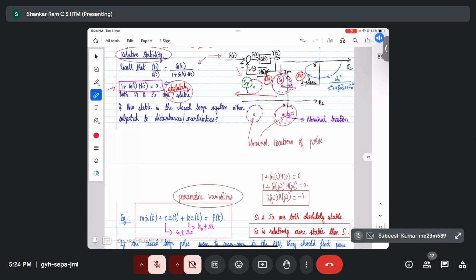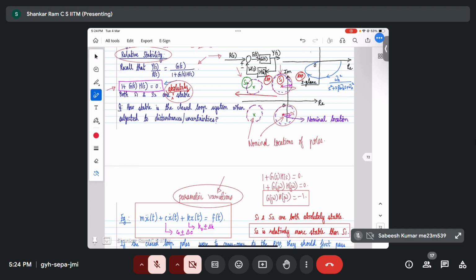That is a perturbation. So what I meant was that if I accidentally use the word perturbation in this discussion, I meant variation in parameters. So that means you have a nominal system with a spring, let's say, of 100 Newton per meter stiffness, and it can vary between 80 to 120. That is the variation I am talking about.